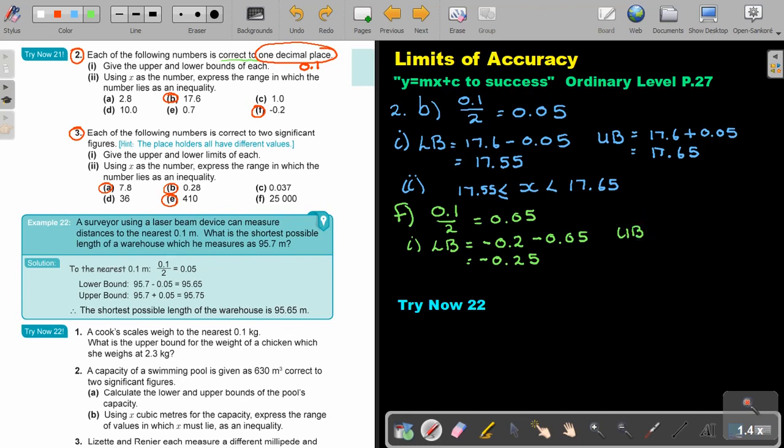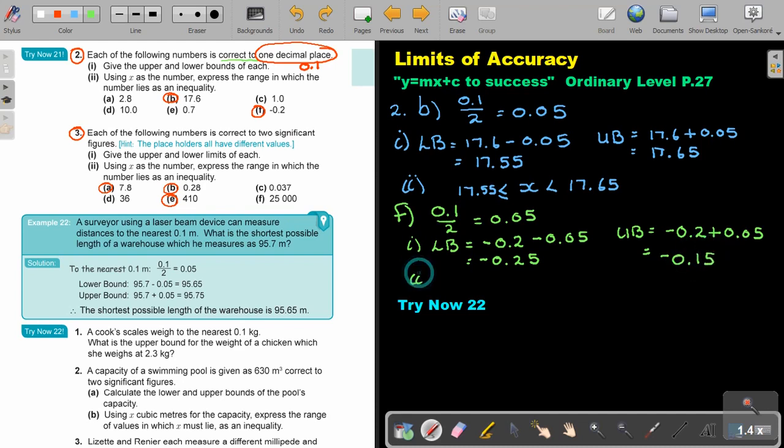And then for my upper bound, I'm just going to take negative 0.2, and I'm going to add 0.05, and that is going to give me negative 0.15.